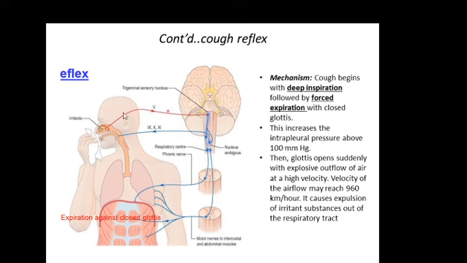Let's follow through this diagram. We have the irritants. Irritants can either be a chemical stimulation or mechanical stimulation. Any irritation within the respiratory tract can be a stimulus for a cough. It can either be part of the upper respiratory tract or the lower respiratory tract. Even congestive heart failure can also elicit this cough reflex.